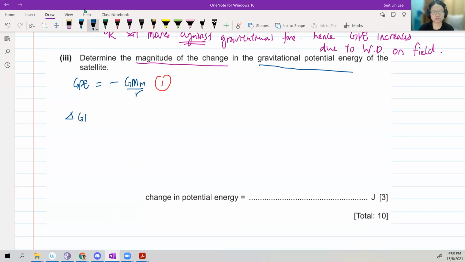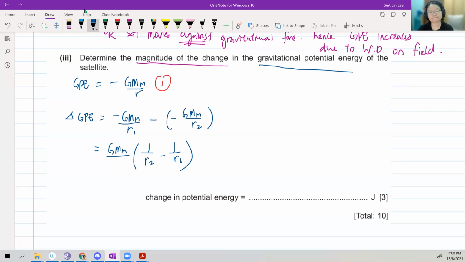Hence, change in GPE or change in EP is equal to negative GMm over R1 minus negative GMm over R2. So I can factorize, with or without the negative sign doesn't matter. This will be R2 minus R1.